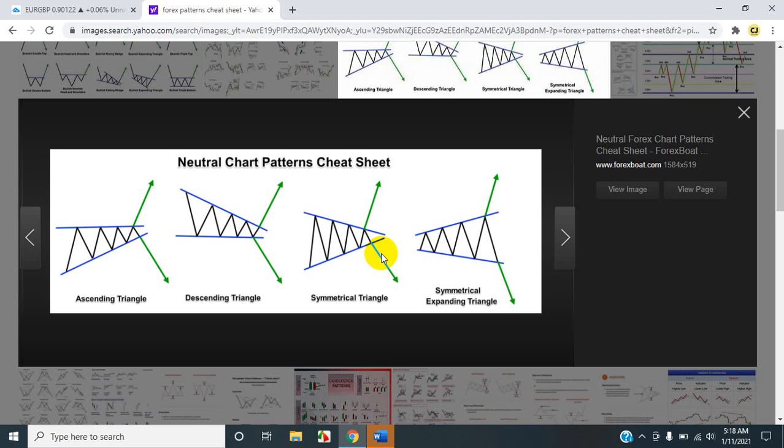On the resistance side, which would be like the roof here, we have lower highs, and on the support side, which would be like the floor, we have higher lows. So the resistance is coming down and the support is going up. That creates that triangle pattern where we don't know if the market's going to go up or down.